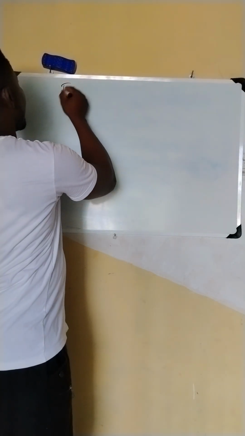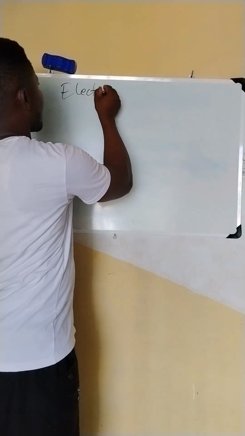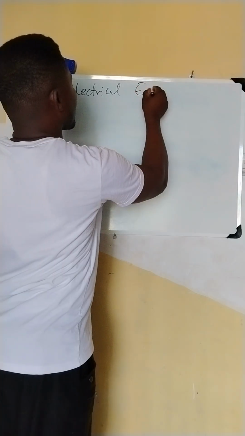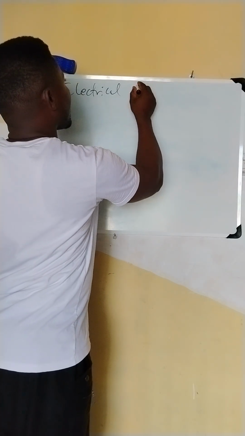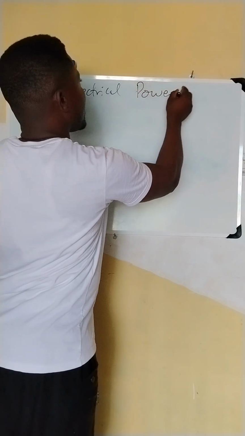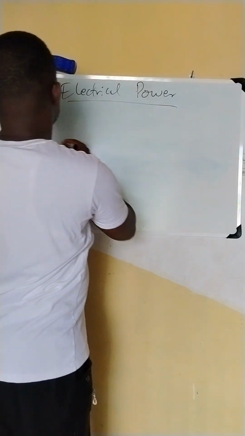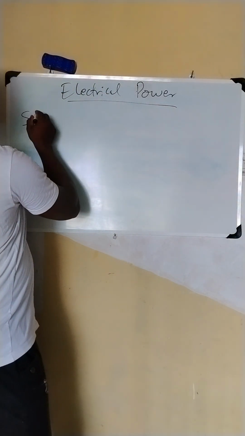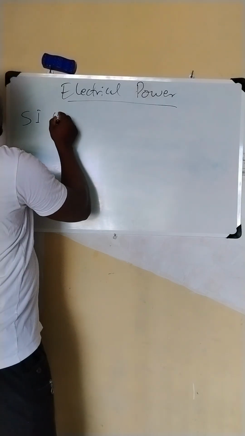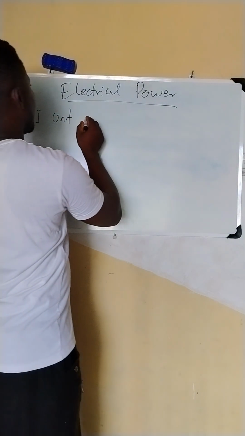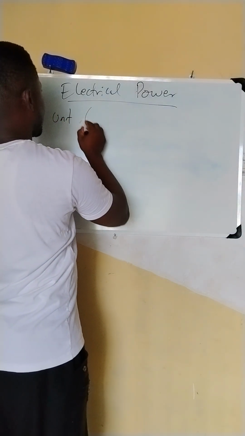The unit of electrical power is the watt. The SI unit, International System Unit, is watt.